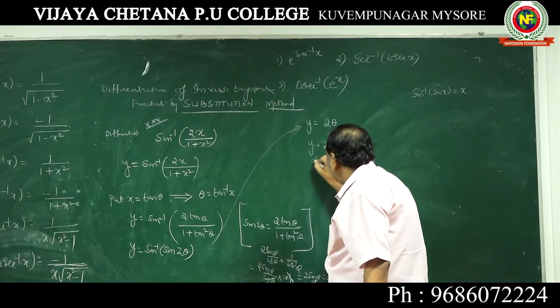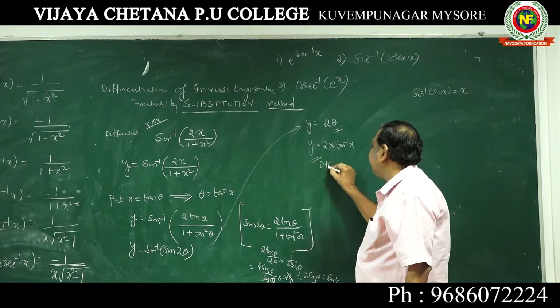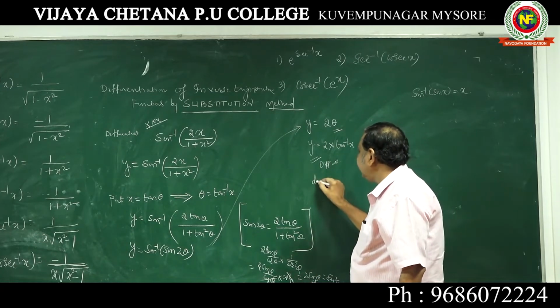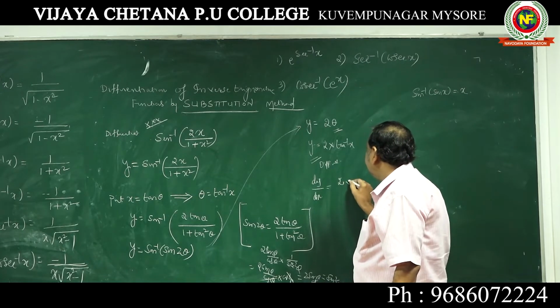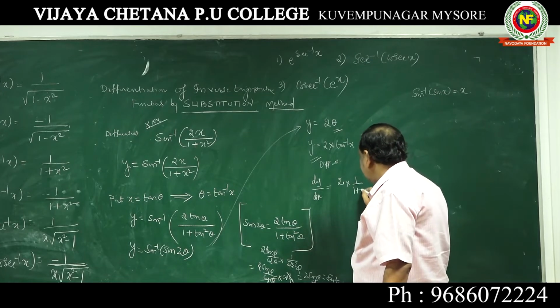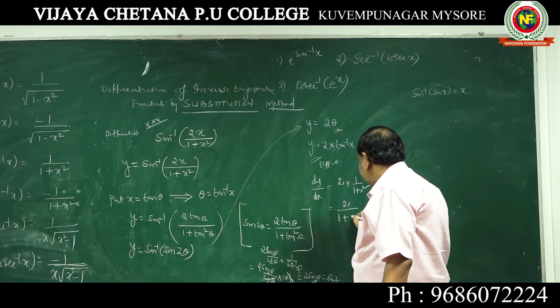Now you differentiate with respect to x: dy by dx is equal to 2 into 1 over 1 plus x square, because the differentiation of tan inverse x is 1 over 1 plus x square. Answer is 2 over 1 plus x square.